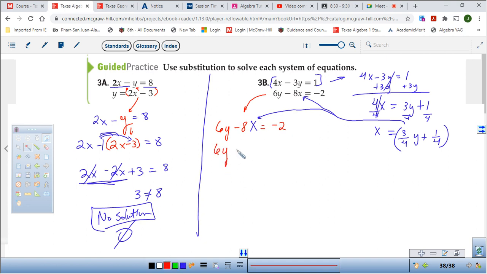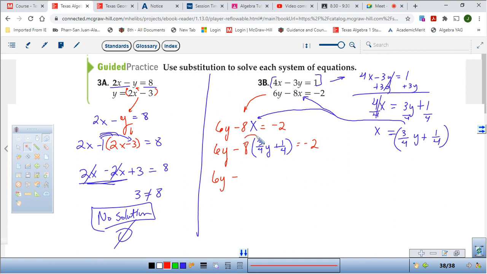So we're going to go 6y minus 8 times, what do I get? 3 fourths y plus 1 fourth, equals negative 2. Now, 6y is 6y, so it just comes down.